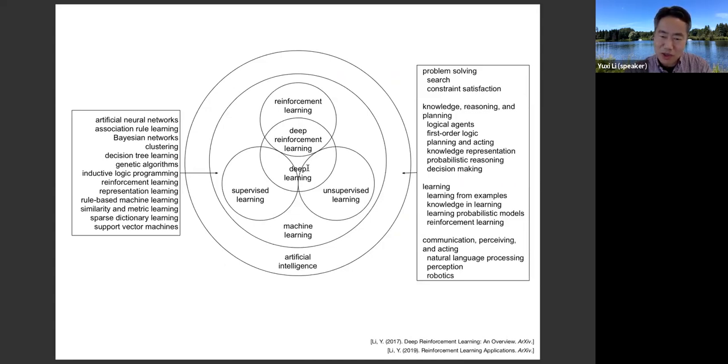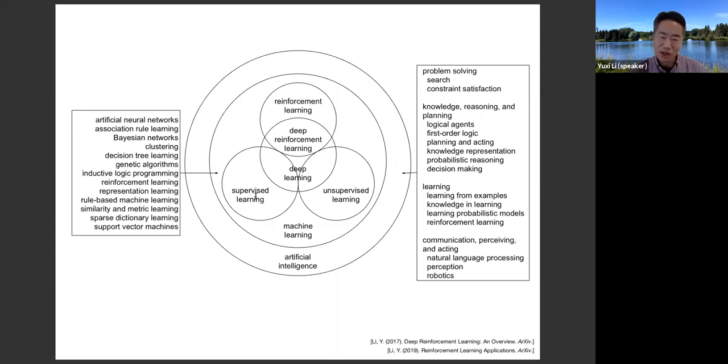This is basically the categorization of those terms. We have deep learning, which is now a popular buzzword. Everybody knows that. And there is supervised learning, unsupervised learning, and reinforcement learning. In supervised learning, there are labels. We have X, we have Y: we have pictures, and we have the labels, say a dog, a cat, or something. Then we try to learn some algorithm from those pictures and labels, and when a new picture comes, we can predict what it is.